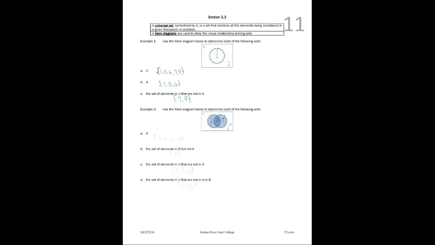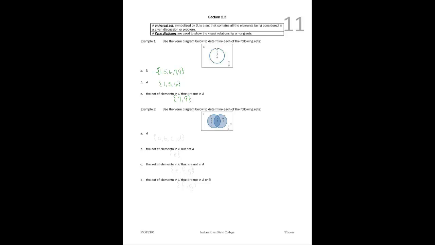Here we go, example 2. It says use the Venn diagram below to determine each of the following sets. So what's in set A? What makes example 2 different from example 1 is that this time we have 2 circles.